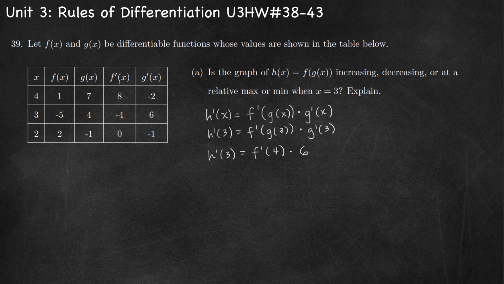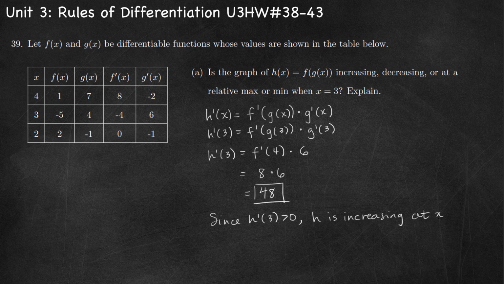F prime of 4 equals 8. So this is 8 times 6, or 48. 48 is positive. So since h prime of 3 is greater than 0, we know that h is increasing at x equals 3.